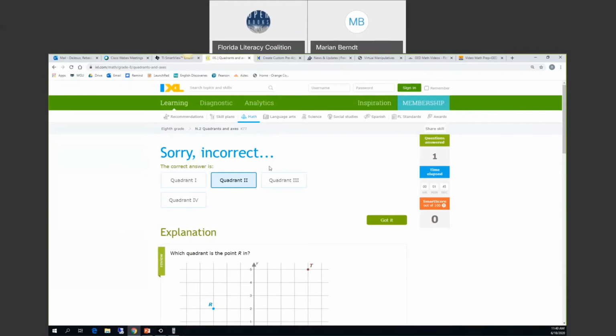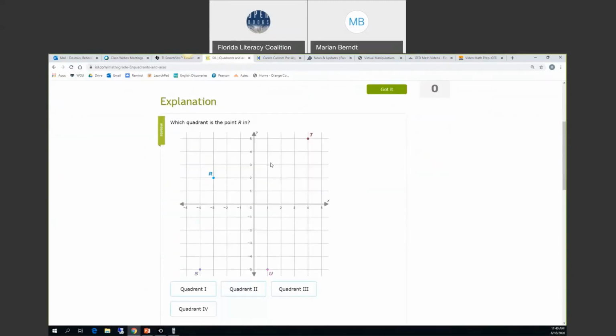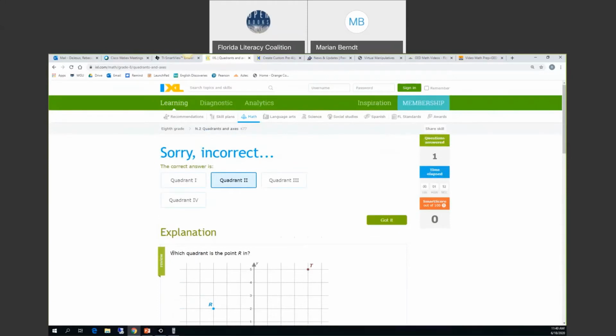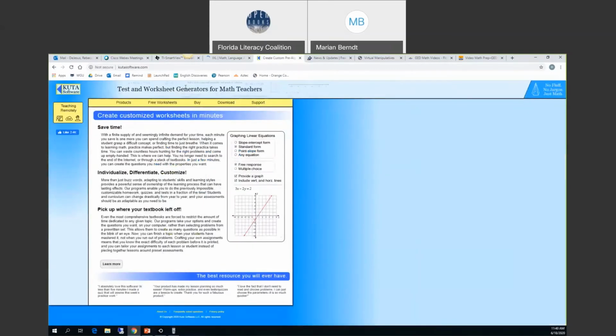So sometimes I have them do that if I want them to practice more than 10. Or sometimes if it's homework or I just taught something, I just let them do 10 and say, okay, after 10 questions, that'll be enough. So IXL, really great program, has everything that you need for math. Another one is going to be CUDA software, which I think every math teacher under the sun knows about.